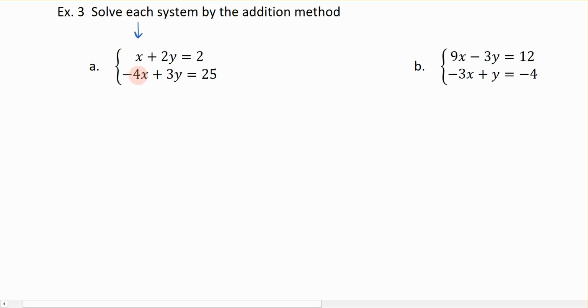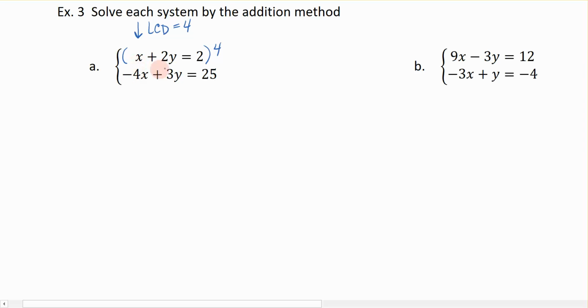If I look at the coefficients in front of my variable, I'm trying to figure out the least common denominator between 1 and 4, which is really 4. So if I multiply this top equation by 4, that gives me a 4x here, and if I add that to -4x, I will eliminate the variable x, and that's the goal here.